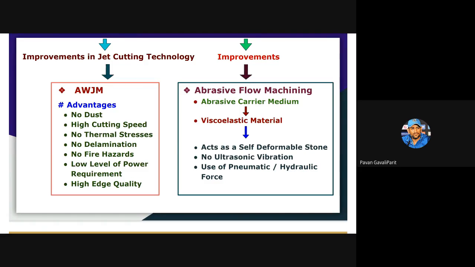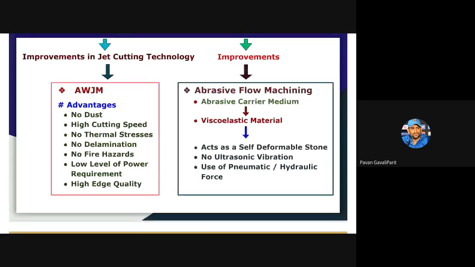So thermal effects will not be there, and forces are comparatively in a localized area only. The next advantage is that there is no delamination when you are machining composite material.